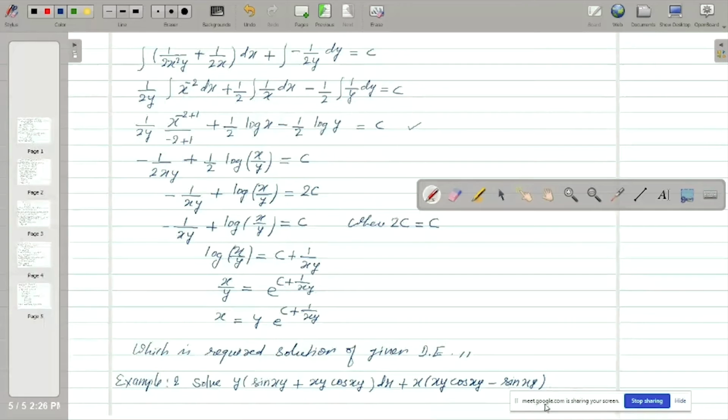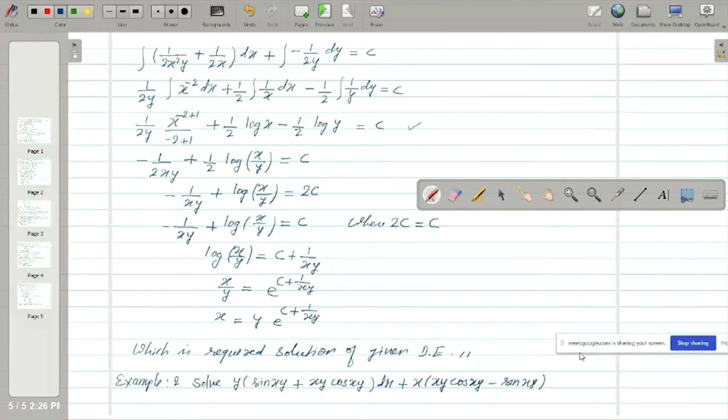Okay, this problem you have to solve. So I want to give this problem as an exercise for you. So please do this problem at your home. If you're not able to solve this problem, please ask me. I will solve this later. So this is an exercise for you.